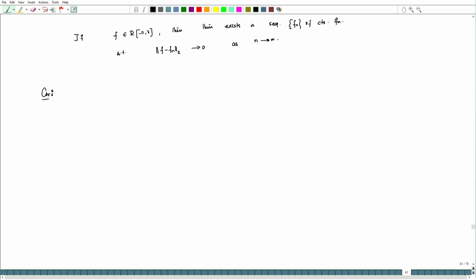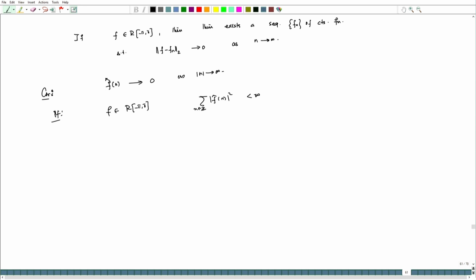So, one trivial corollary is this: if f is Riemann integrable, we know that the summation over n in Z of mod of f hat of n squared is finite, which is equal to the norm of f squared, which is a finite number.